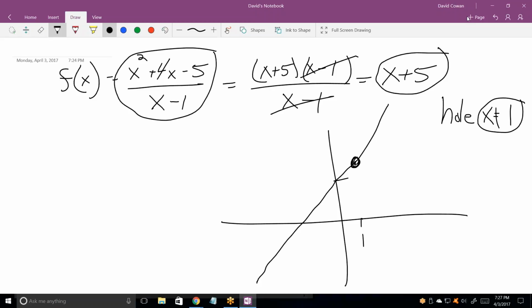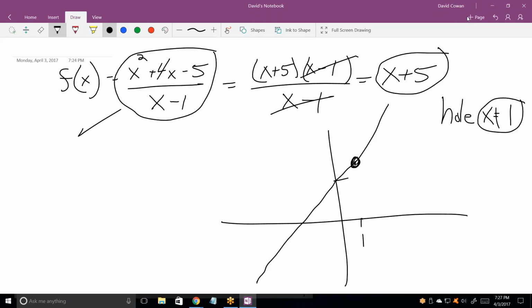So the result is you don't just get a straight line that looks like x plus 5. You get a straight line with a hole there. Now, there's something interesting about holes, and that is that if you put this original function into your calculator, you will not see a hole, because the hole is infinitesimally small.